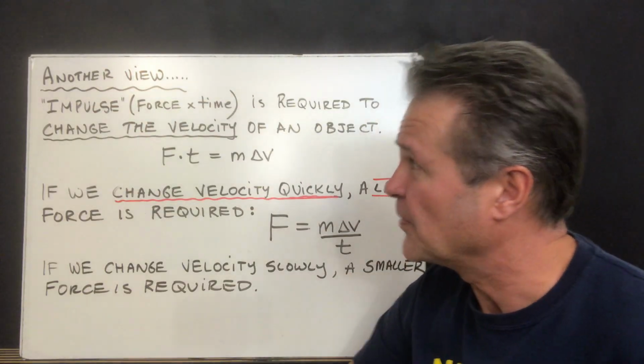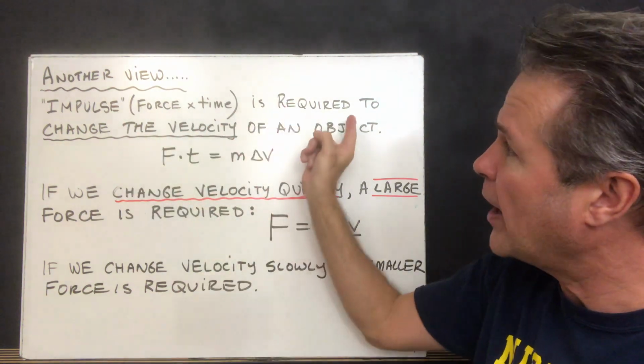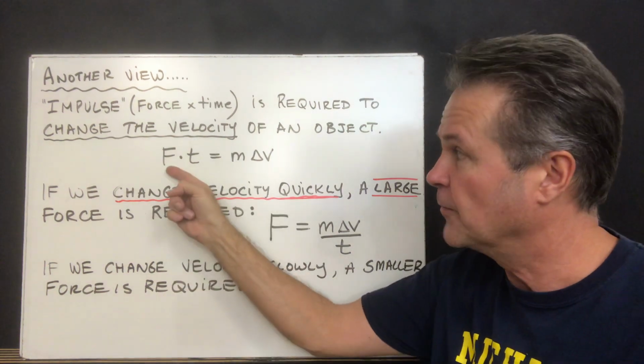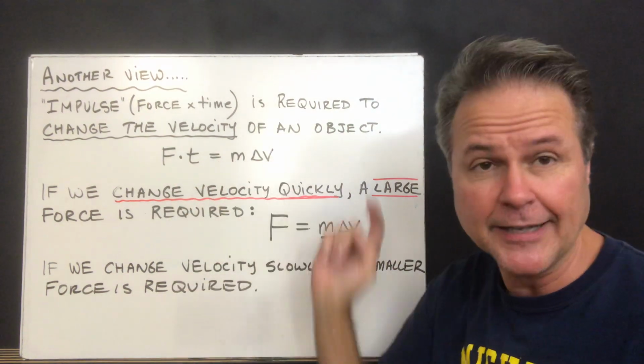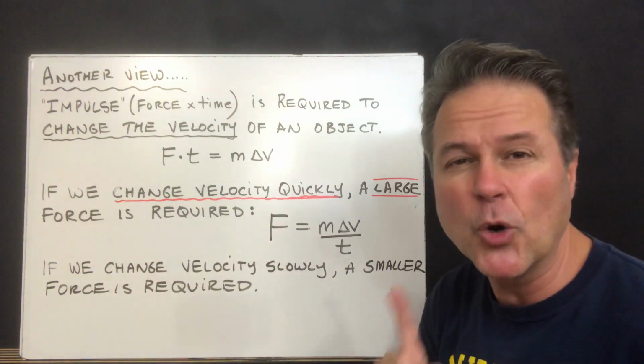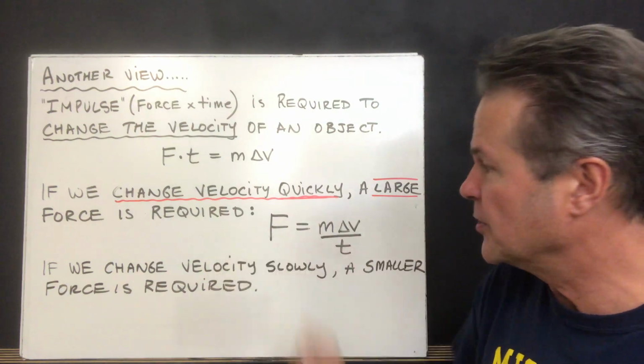So here's another view. We can look at impulse, the force times time, is required to change the velocity of an object. Well, we already know that. Force times time is equal to mass times the change in velocity. If we change the velocity quickly, that means with a little bit of time, a large force is required.